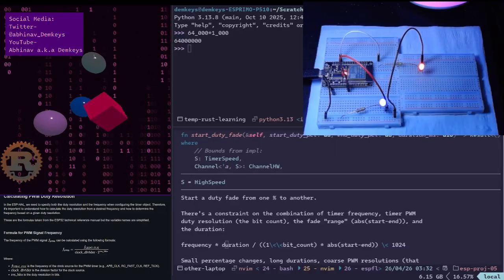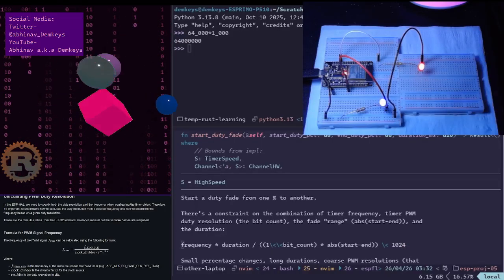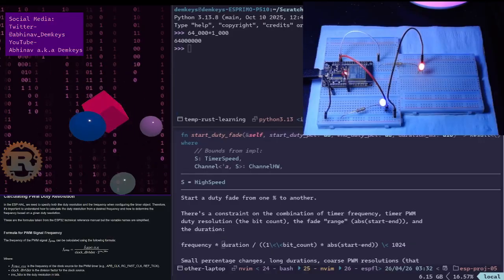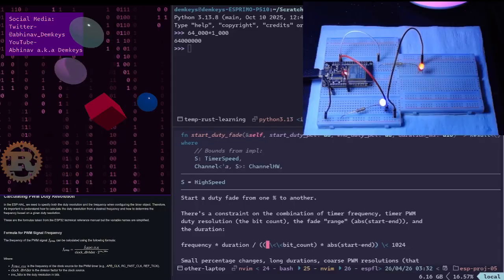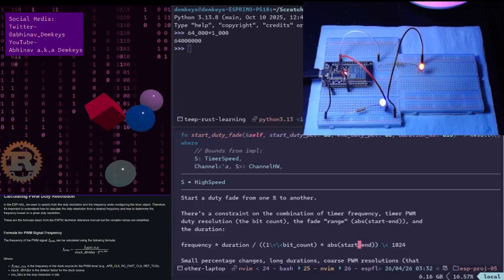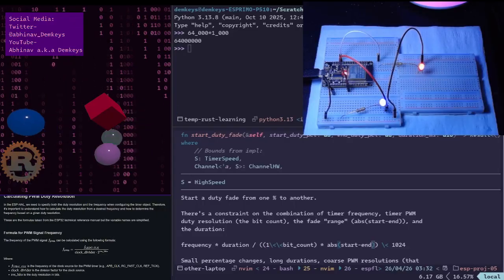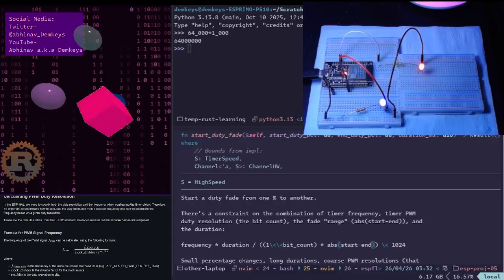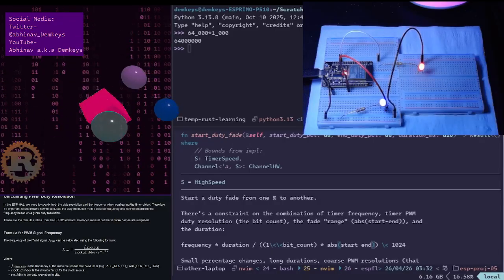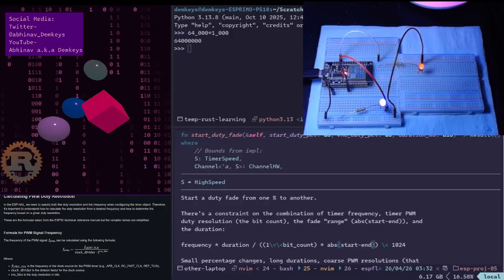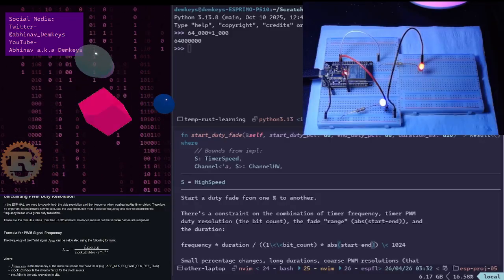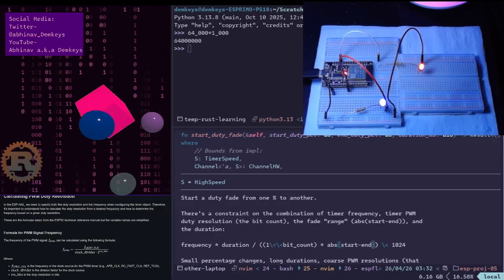So 64 million divided by whatever this value is. Start is supposed to be 0, end is supposed to be 100, so that gives us negative 100, and that's why we are doing ABS. One, we are bit shifting here.